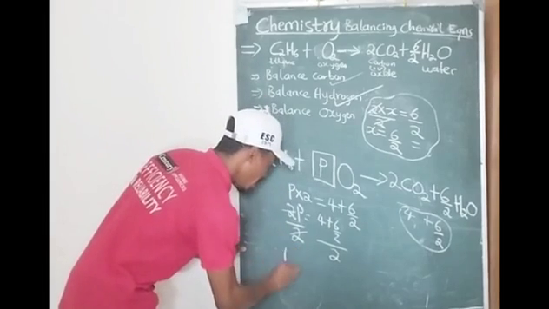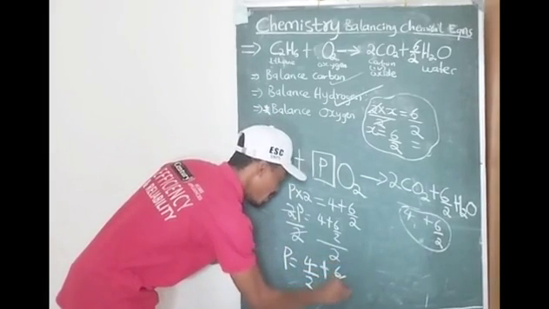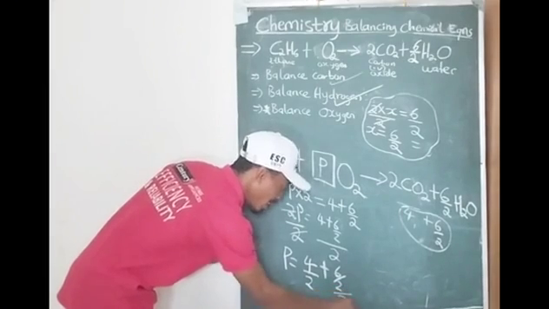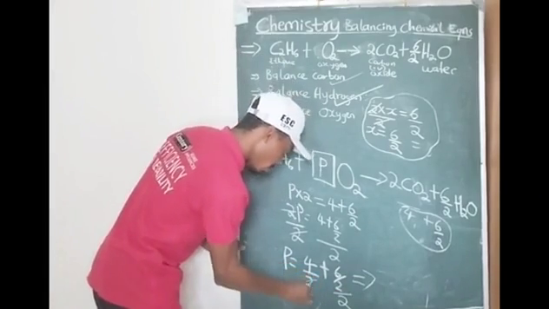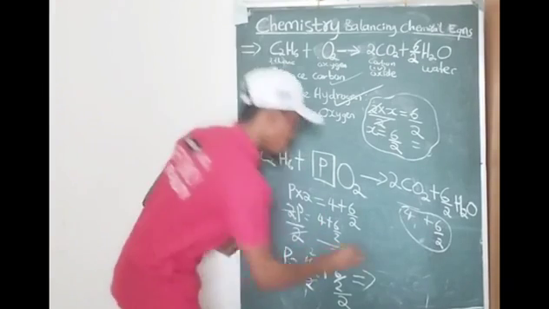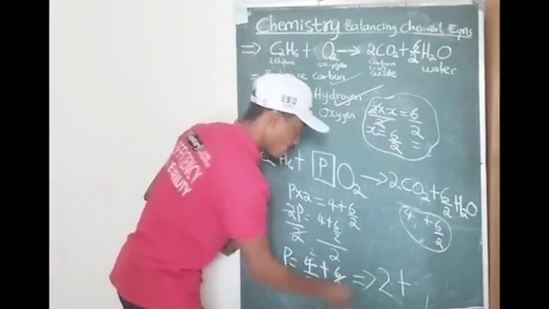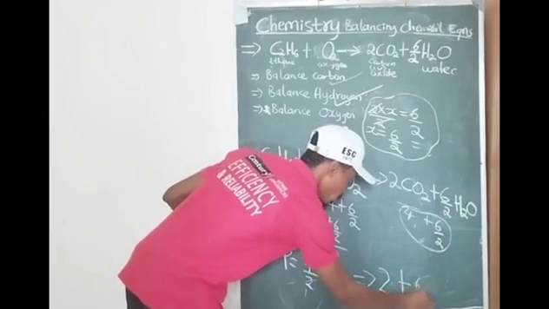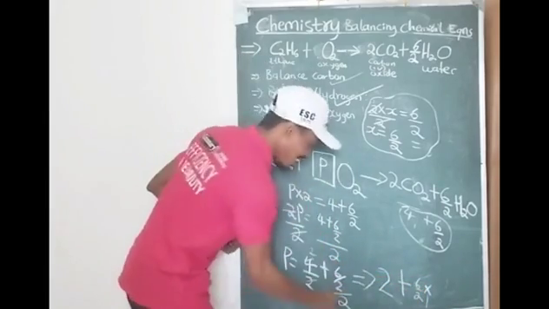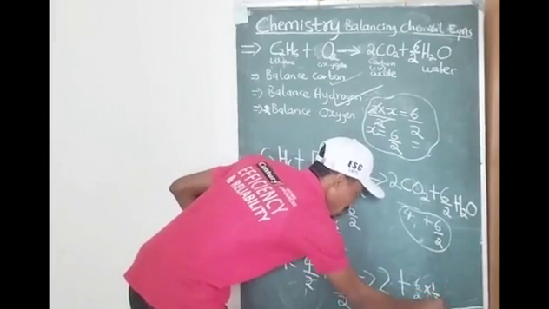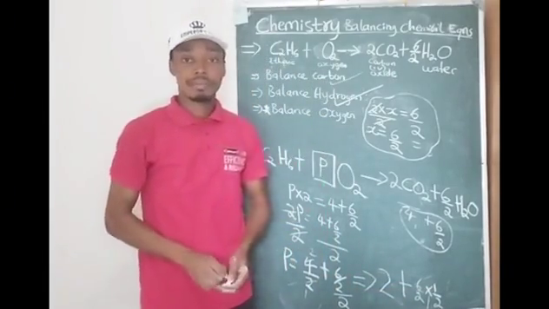So P becomes 4 over 2 plus 6 over 2, all over 2. This becomes 2 plus 6 over 2 divided by 2, which is 6 over 2 times 1 over 2, since we change division to multiplication.